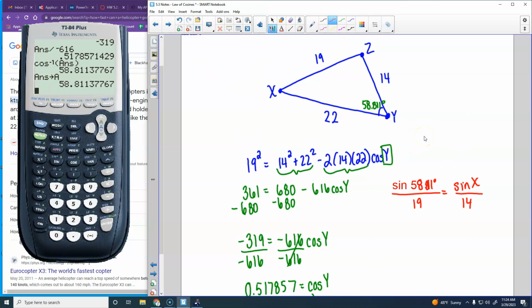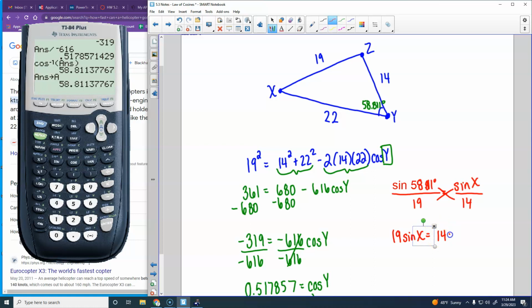The good news is you can't really have an ambiguous case, but you might need to check both. There might be only one of the two answers that would work. You shouldn't see the ambiguous case very often with this, because you could figure it out since you have all the sides there.